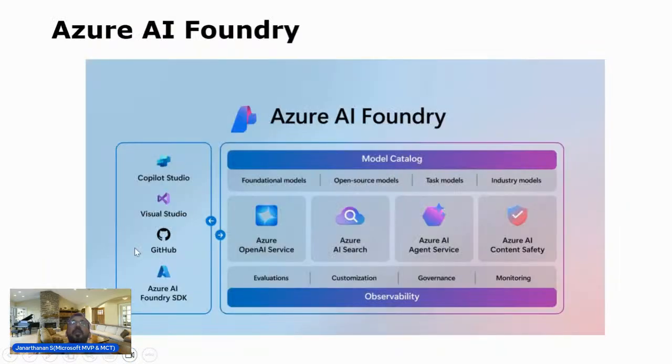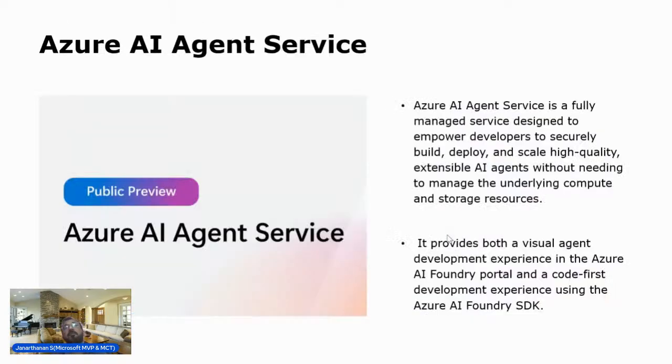Let's talk about Azure AI Foundry. Under Azure AI Foundry, if you keenly notice, we have an extensive set of services related to building, and you can use single agents or multi-agents with the help of Azure AI agent services. This Azure AI agent service is a managed service where you can build, deploy, as well as test your agents.